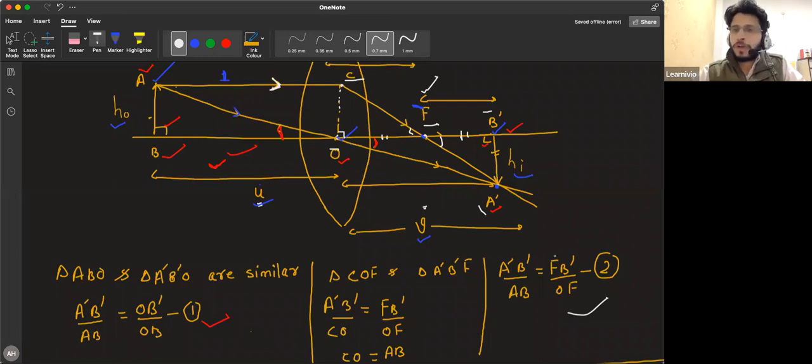But when you look at FB prime, the starting point is not O, the starting point is F. So somehow you have to convert FB prime in terms of distances from O. Can you write this FB prime distance in terms of two distances which are measured from O?